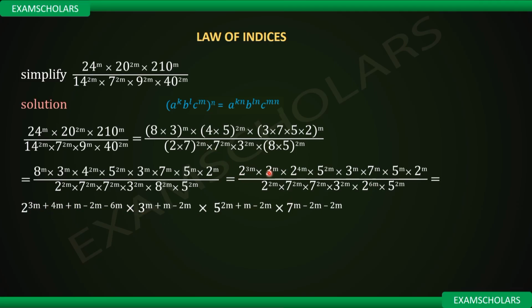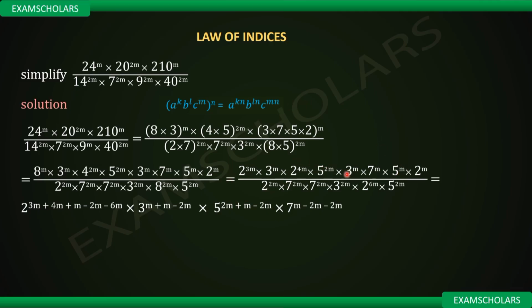Go straight to 3. 3 raised to the power m. Where's another 3? Plus m. Where is another 3? Denominator, minus 2m. It remains our 5. The first 5 raised to the power 2m. Where's another 5?